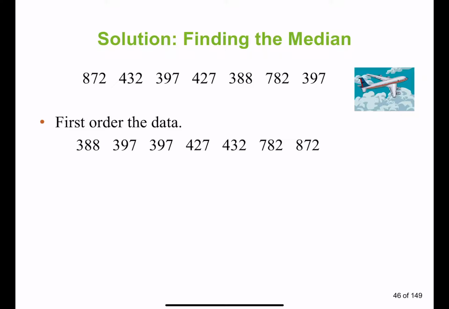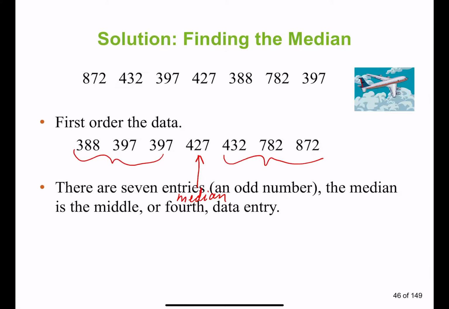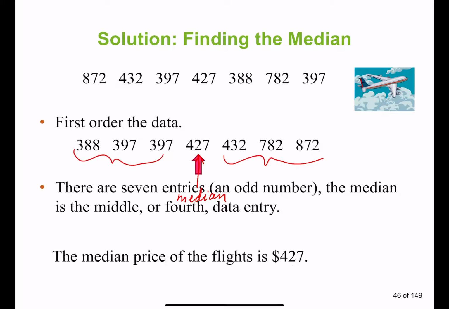Then we are going to take the middle, the value of the middle position. Right here, see, 1, 2, 3. 1, 2, 3, middle position is 427. And this is going to be your median. Median at the position. That 427. So based on median, the average is $427.